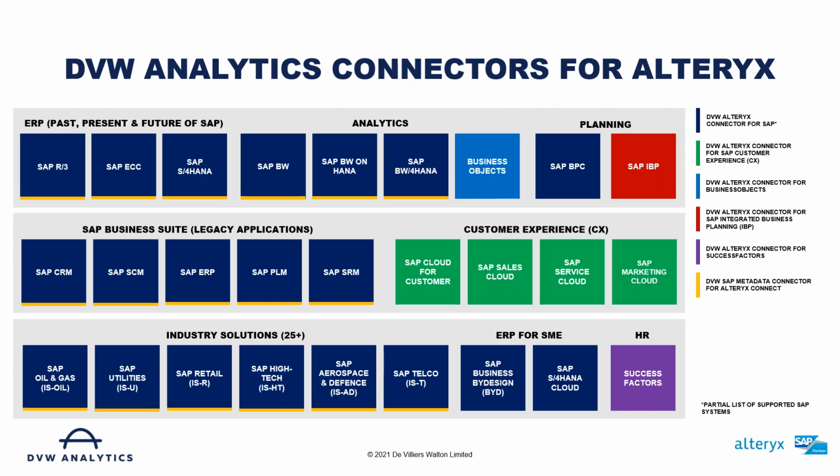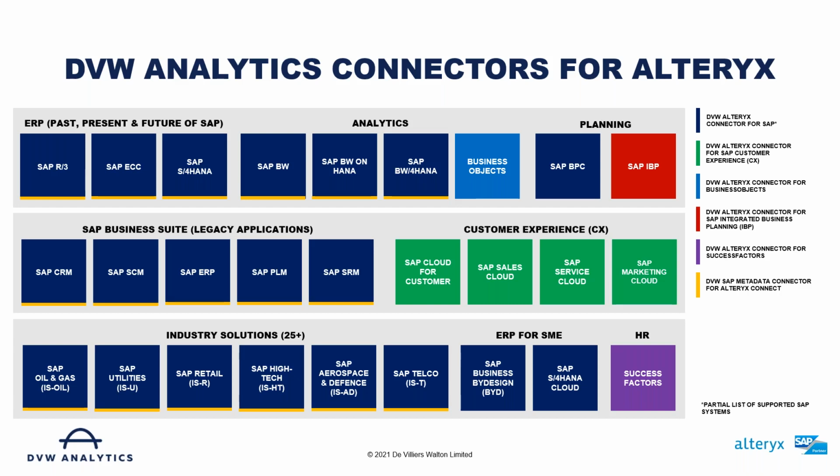In terms of the systems that we can connect to, this is again just a flavor of those. You can see bottom right there, it is a partial list, but basically we can connect to the vast majority, we say about 95–96% of SAP systems. They're not all listed here. If you're from the SAP side, you'll know there are too many acronyms to fit on one slide. So here are some of the main ones.